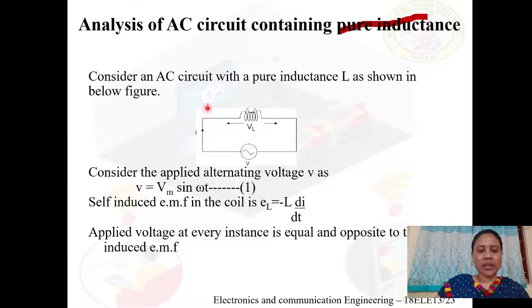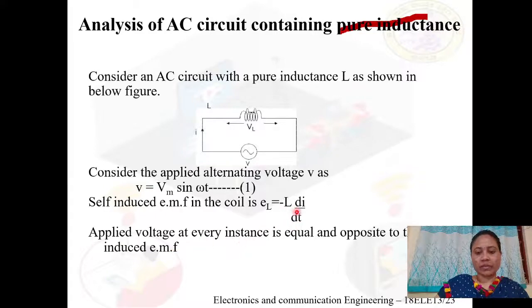Let us take L as the self-inductance of this inductive coil, and the applied voltage V as Vm sin omega t. Due to self-inductance of the coil, the EMF which is induced can be represented as EL is equal to minus L di by dt.